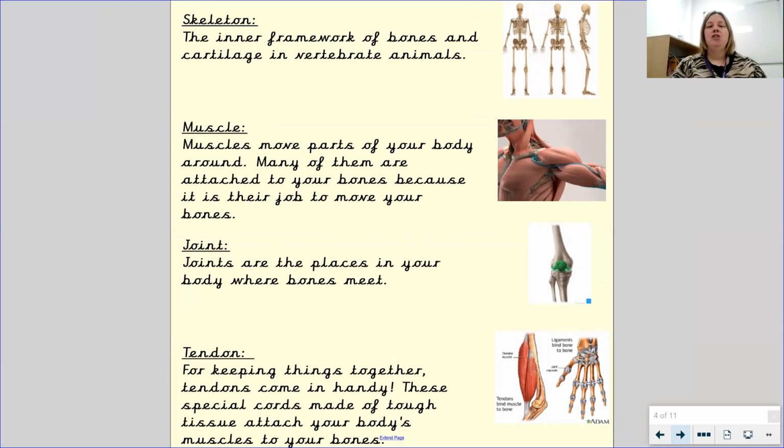Joints are the places in your body where bones meet. Tendon. Tendons come in handy. These special cords made of tough tissue attach your body's muscles to your bones.